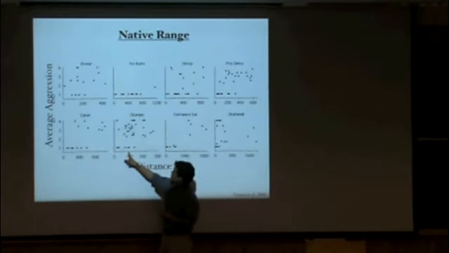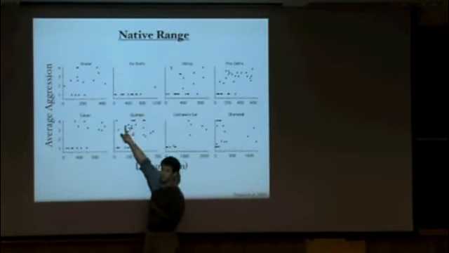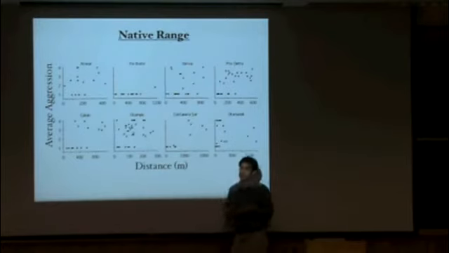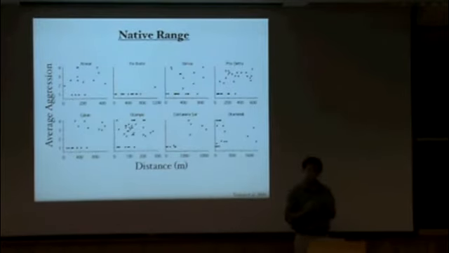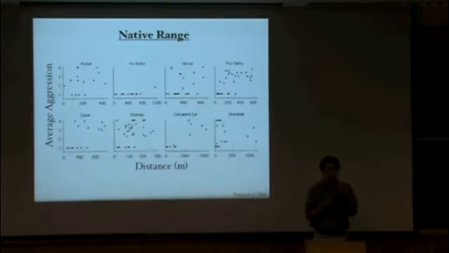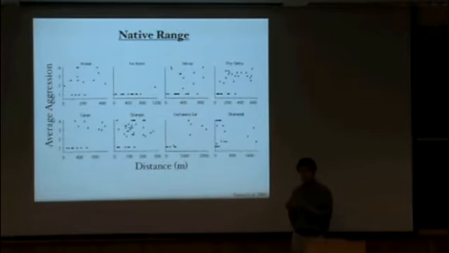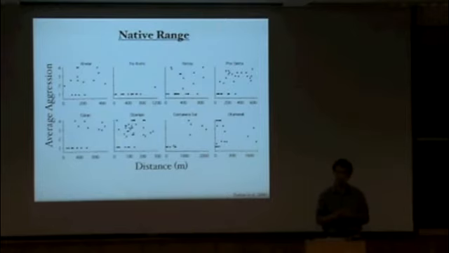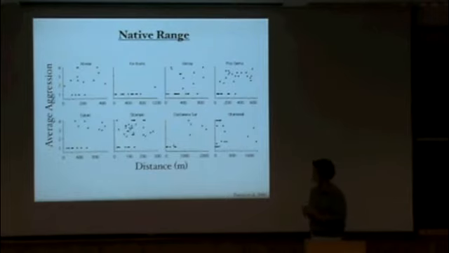We walked 100 meters away, paired them with Argentine ants from this second site, and you typically see very high levels of aggression. So in the native range, in contrast to what we see here, if you walk sometimes tens of meters, but almost always hundreds of meters, you've crossed the colony boundary. These Argentine ants are forming these small multicolonial colonies in their native range. And this suggests that there's been some behavioral transition, some social transition during introduction of Argentine ants to California and other parts of their introduced range.